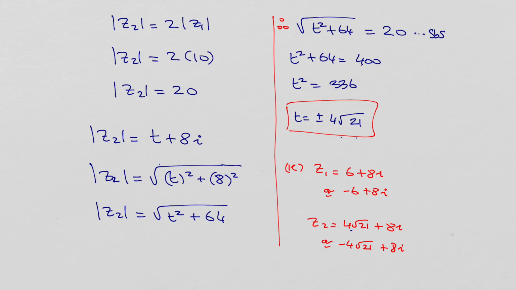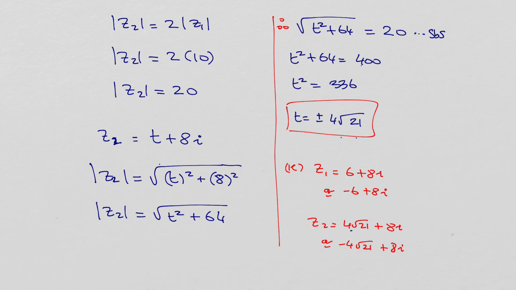So if I take the complex number Z2, which is t plus 8i, and I get the modulus of it, the modulus of that then is the square root of t squared plus 8 squared. But of course I have already established that that's equal to 20.